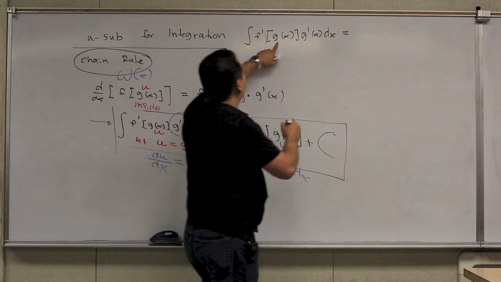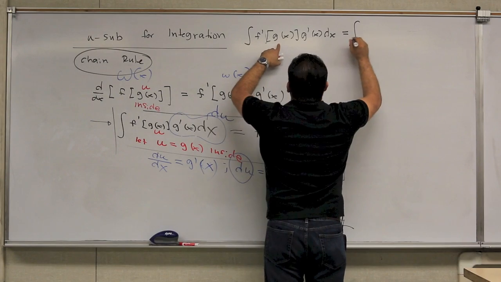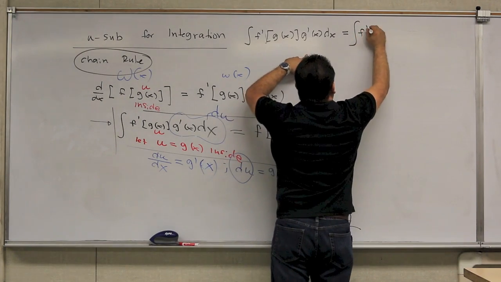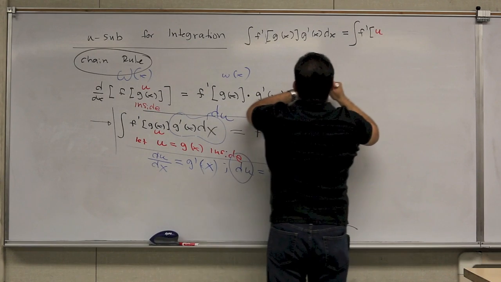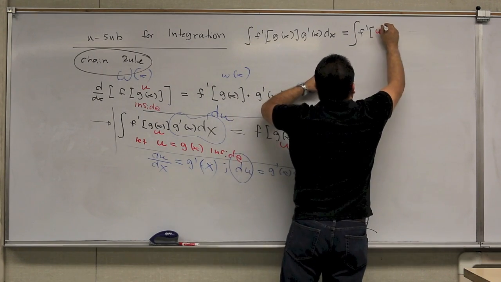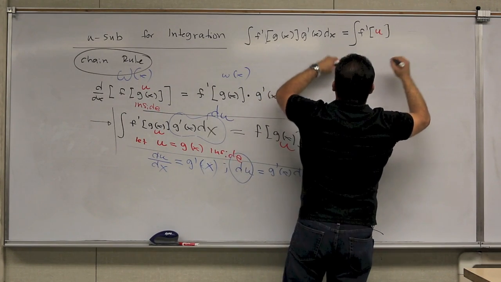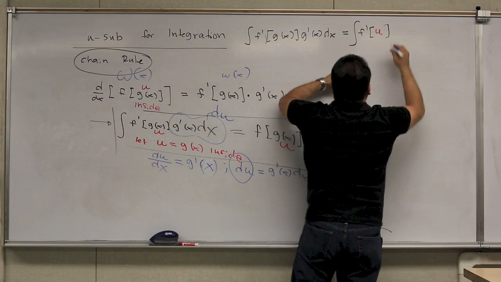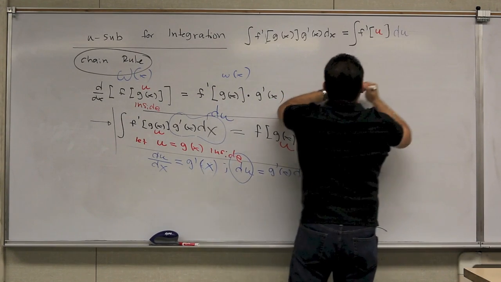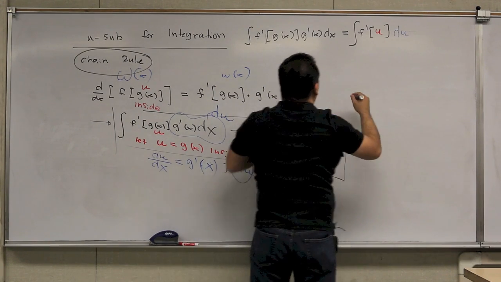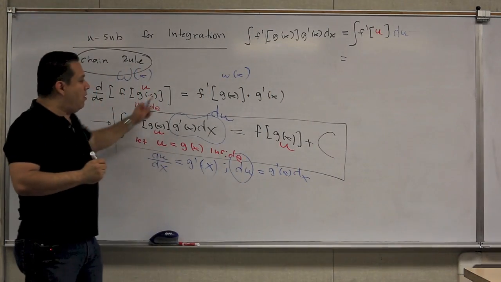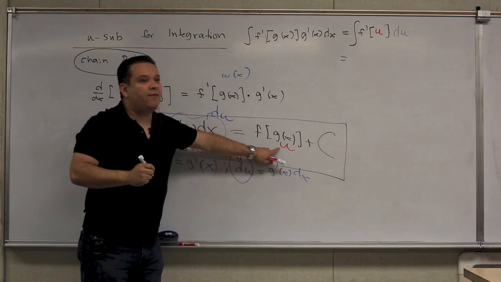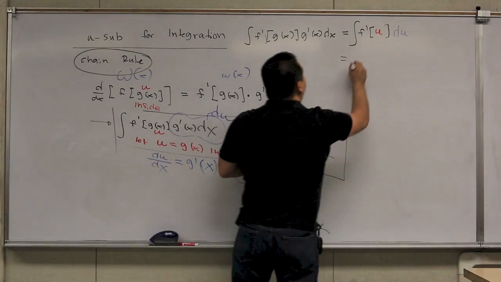If I let this be u, then this integral is the same as f prime of u, and what's g prime x dx? That is du. And this will equal, ladies and gentlemen, f of u.